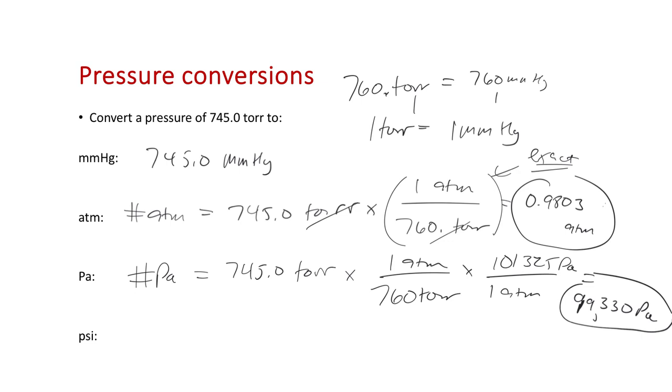And then if I want to go to PSI, the conversion factor for PSI is that for every 760 torr, that's 1 ATM, that's 14.696 PSI. And again, you can use the values, like you'd have the conversion factors provided. You wouldn't have to have them memorized.